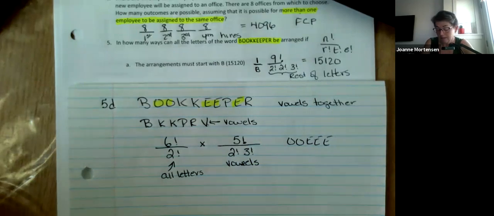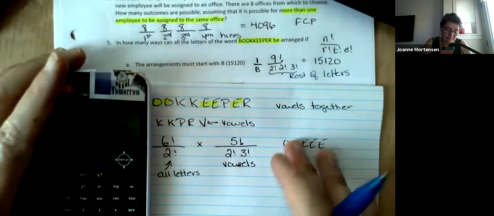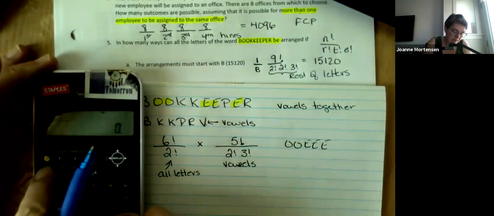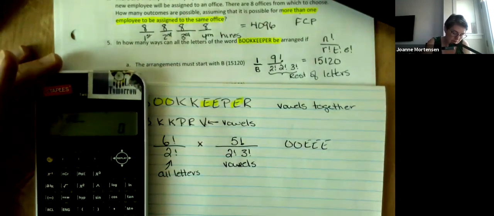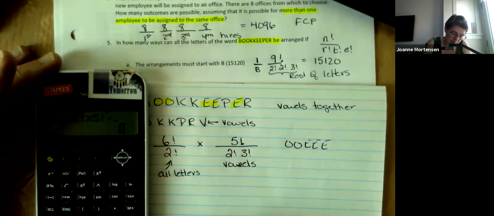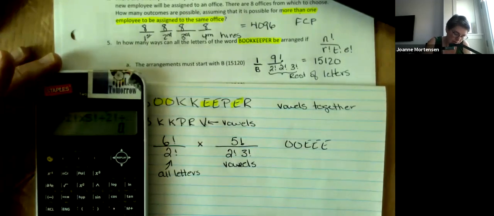Now I'm hoping, really hoping that when we do all this, it's going to work. Let's see: 6 factorial divided by 2 factorial, times 5 factorial divided by 2 factorial divided by 3 factorial.